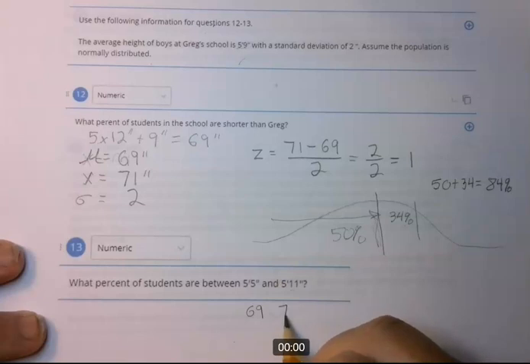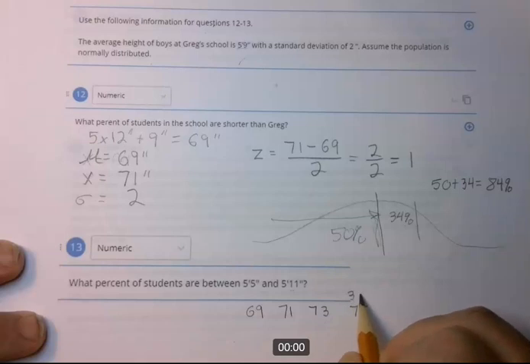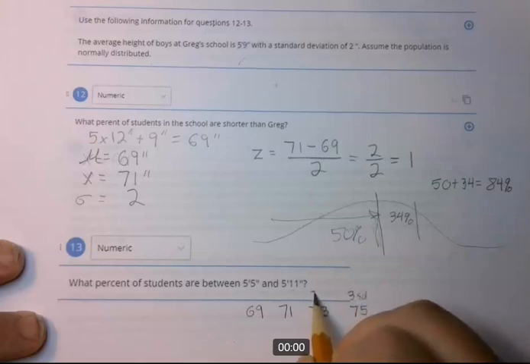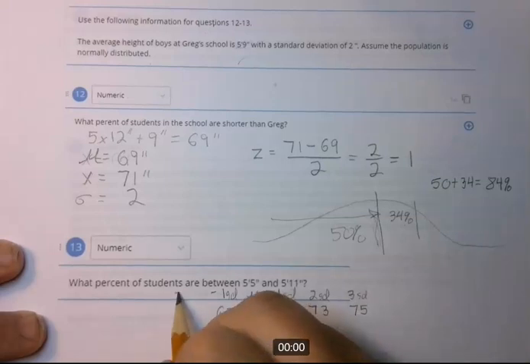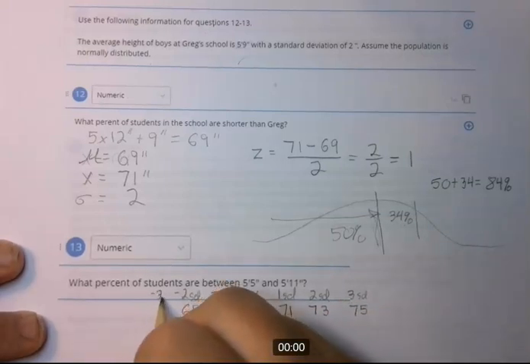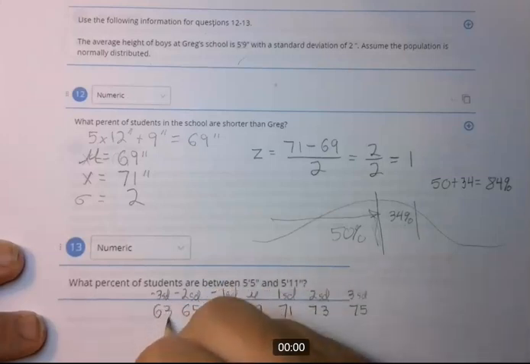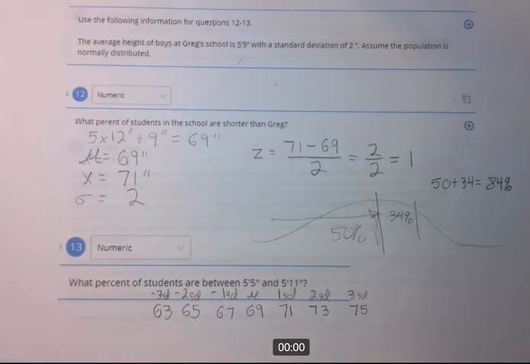That's going to be 71. Again, 2 more inches is another standard deviation. That's 73. And then 75. So let me label those. That's 3 standard deviations, 2. Okay, there we go. So there's the mean, and there's the various numbers of standard deviation.